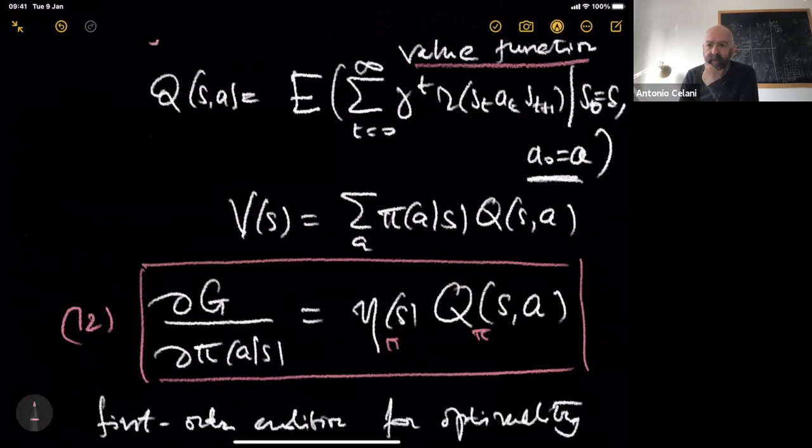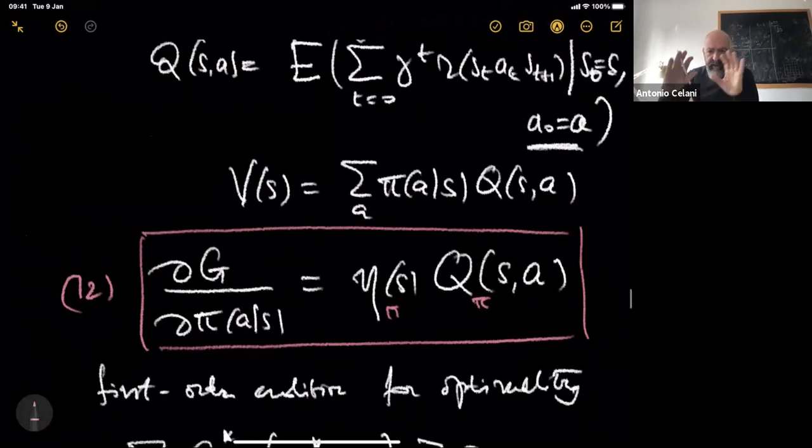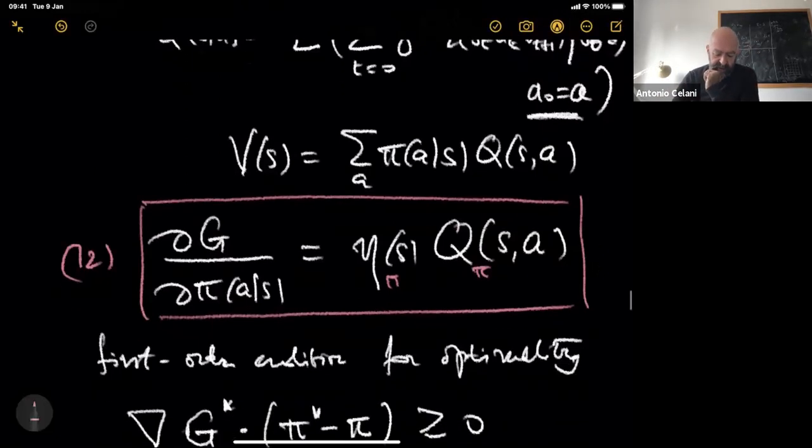Okay. So you might think of this just as a complex manipulation, but it has a very straightforward interpretation in terms of the quantities that we are using here. Okay, now comes the first part, which is important.